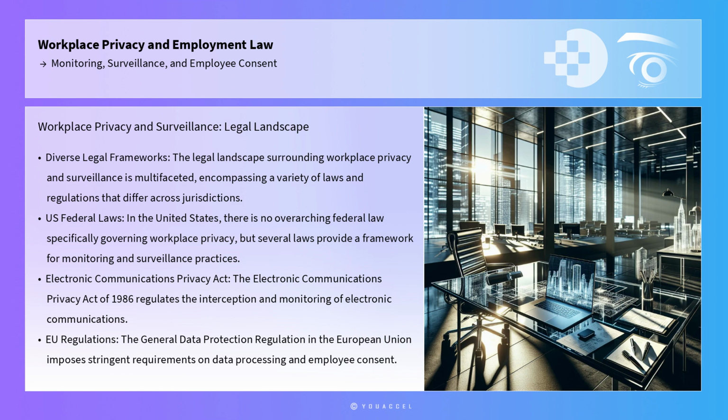The Electronic Communications Privacy Act of 1986, for example, regulates the interception and monitoring of electronic communications. Additionally, the National Labor Relations Act provides protections for employees engaging in concerted activities, which can include certain types of electronic communications. Employers must be acutely aware of these laws and others, such as the General Data Protection Regulation in the European Union, which imposes stringent requirements on data processing and employee consent.